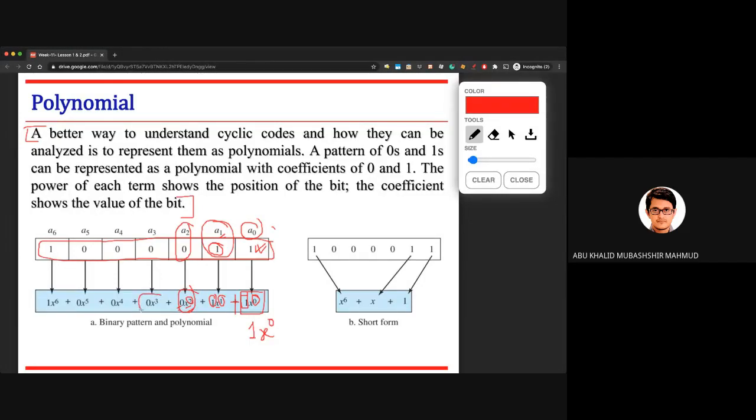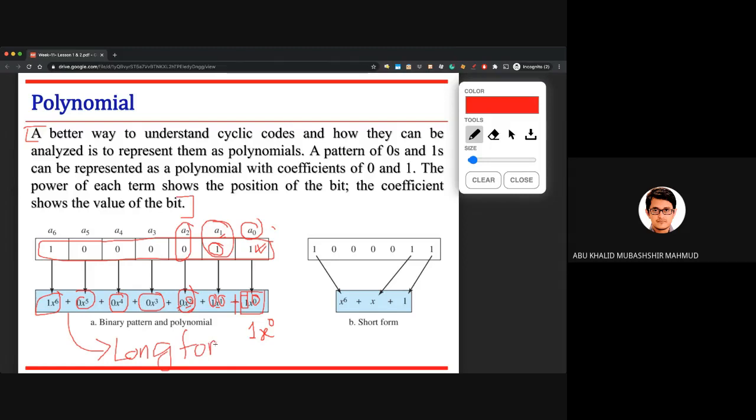Similarly, we would represent the other bits as well, and here we get 1 times x to the power 6. That's the way it has to be done. This is called the long form because we are representing all the zeros and all the ones.